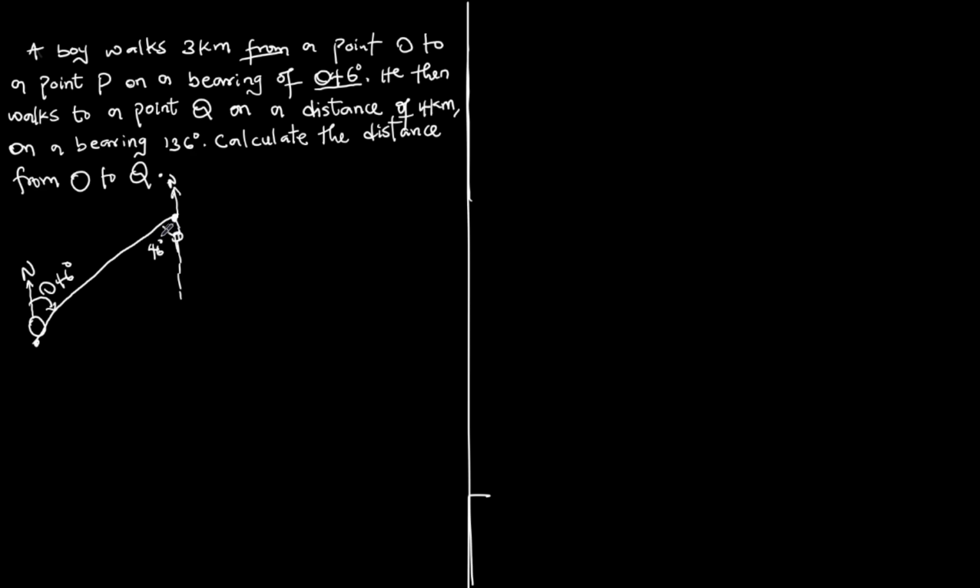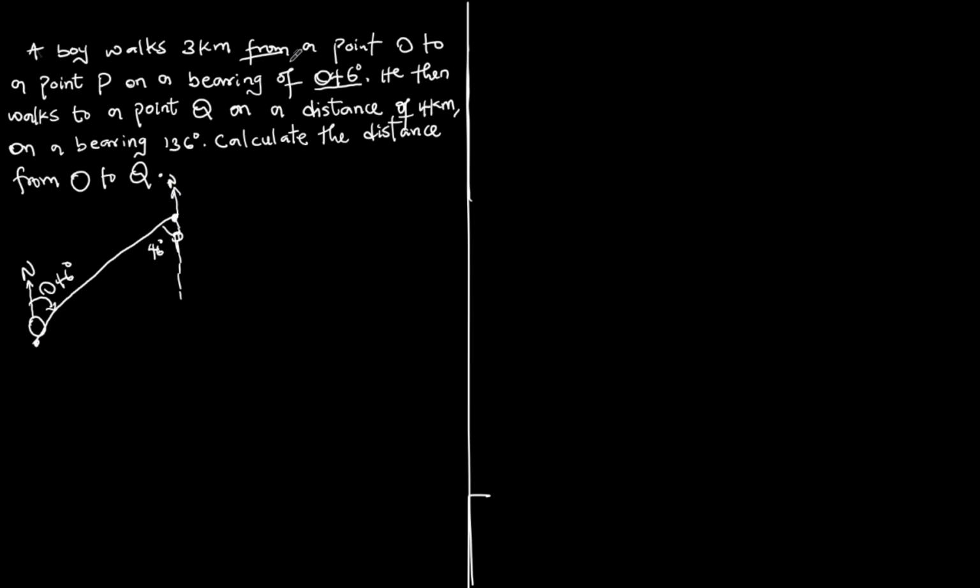And now, why is this place 46 degrees? Like I said in my previous class, the north poles of 2 points are parallel, right? And if they are parallel, this point and this point will be alternate angles, and alternate angles are the same. So we already measured point P from point O.